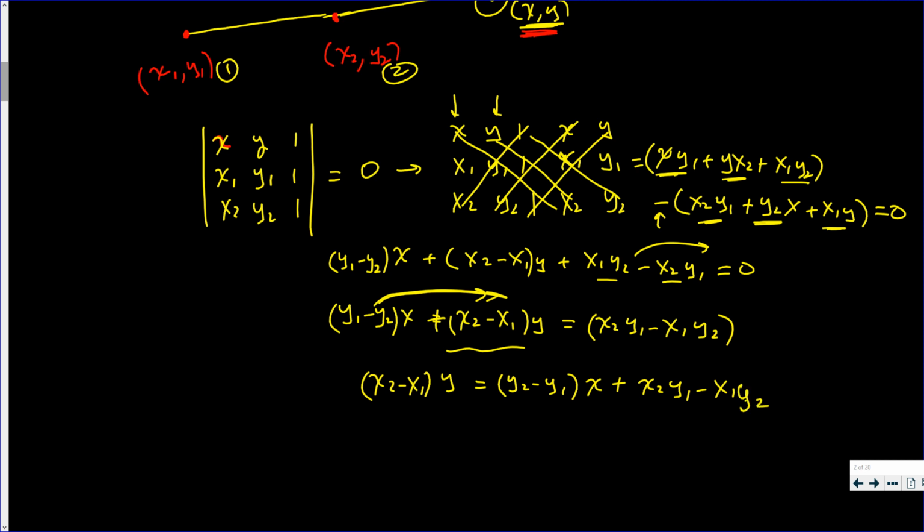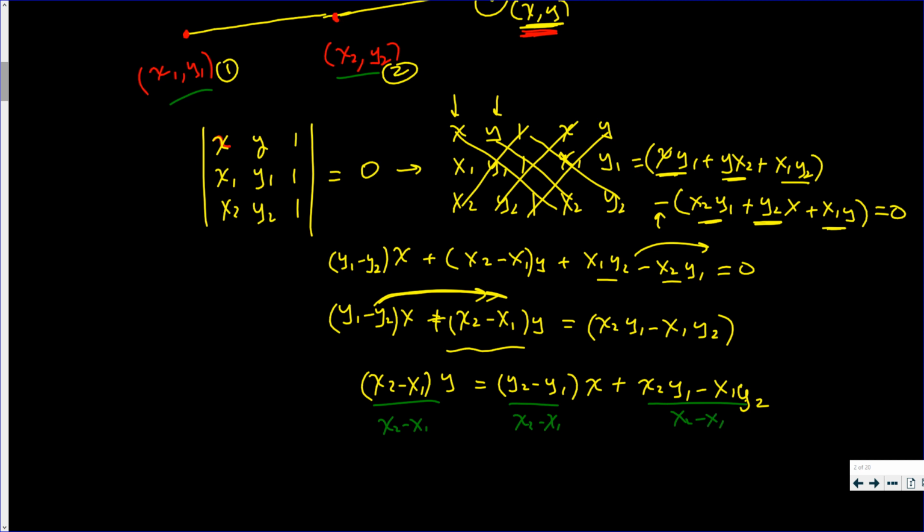Just verifying that we're doing this right. Now, the 2 points had to be different. So let's divide by x2 minus x1.